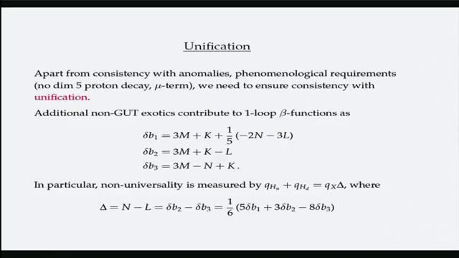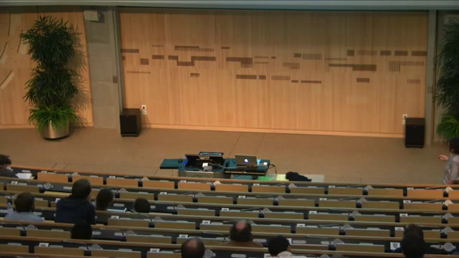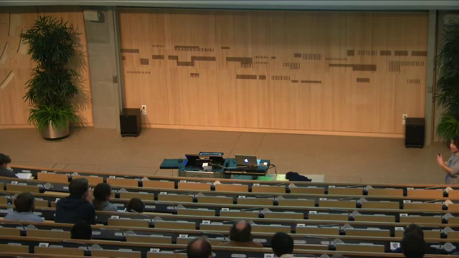In particular, having these N and L will be quite important later on in actually building some interesting models. Anyway, at first look, this doesn't look like good news because unification is not obviously preserved here.